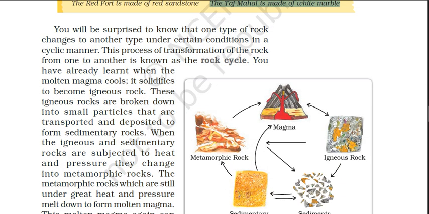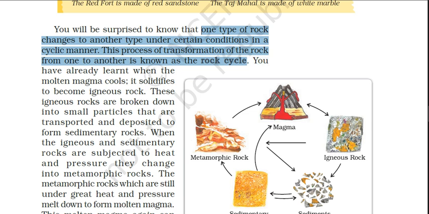You will be surprised to know that one type of rock changes into another type under certain conditions in a cyclic manner. This process of transformation of the rock from one to another is known as the rock cycle. When the molten magma cools, it solidifies to become igneous rocks. These igneous rocks are broken down into small particles that are transported and deposited to form sedimentary rocks.